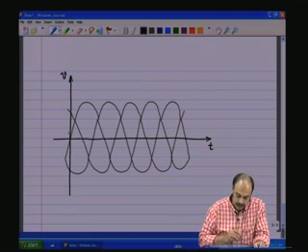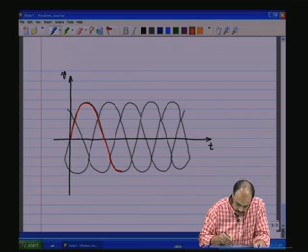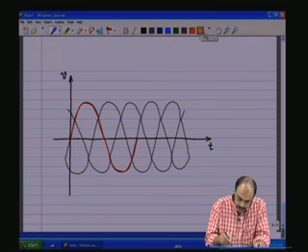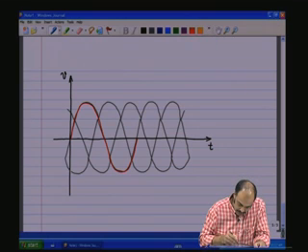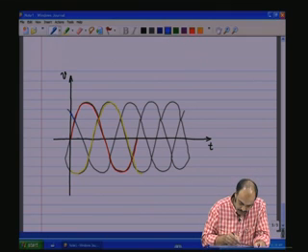So, now you have the R phase waveform like this as shown. Then you have the Y phase waveform, and of course, you have the B phase waveform.